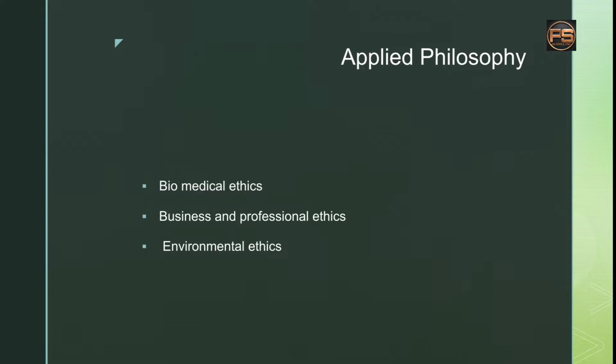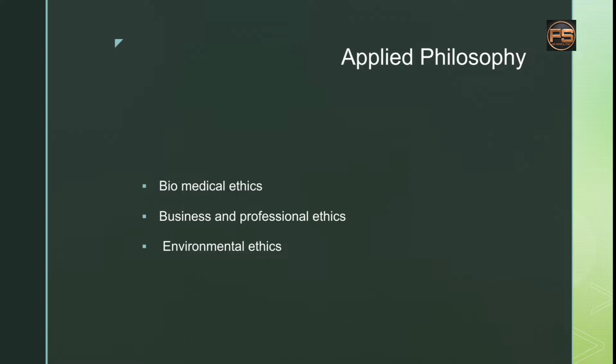Applied philosophy. The term applied simply means to put into practice or to be used practically. From this use of the term applied, we can formulate a general definition of applied philosophy: it is the application of those principles and concepts derived from and based on philosophy which helps in the study of our practical affairs and activities.